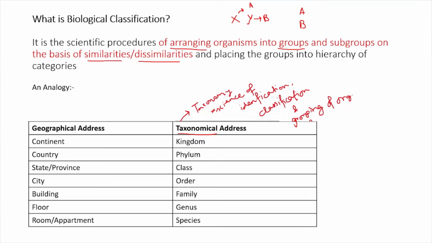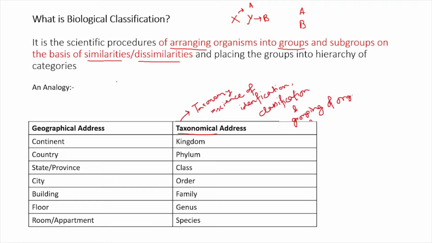That means it is the science which deals with first identification of organisms, then classification of organisms, and then grouping of organisms into particular hierarchies of categories. So these are the three steps. First, identification. You have to identify the organism. Then you have to classify the organism, and then you have to group the organism according to the common characteristics that you observe.